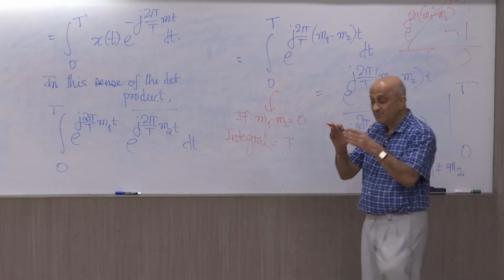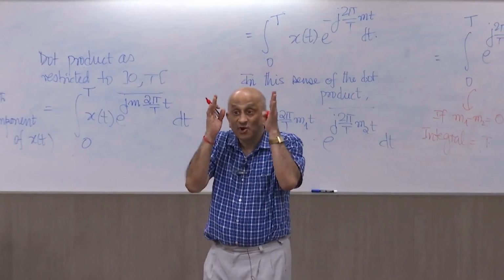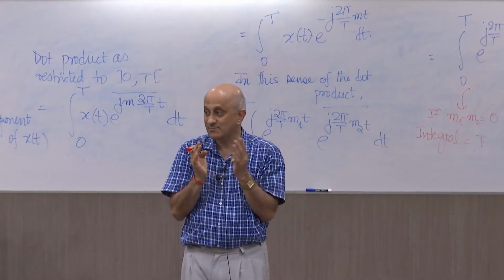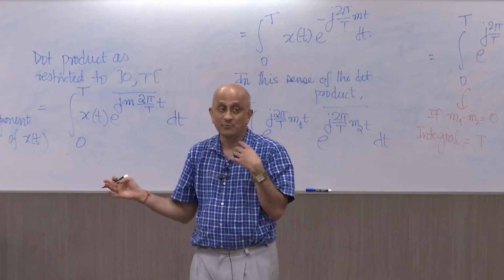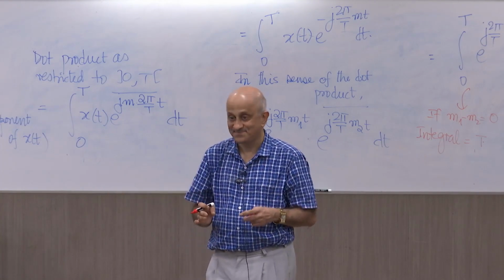What do you mean when you have two vectors whose dot product is 0? What is the geometry of the situation? The two vectors are perpendicular, right? It's only when the two vectors are perpendicular. That means all these phasors at these angular frequencies are perpendicular to one another, right?